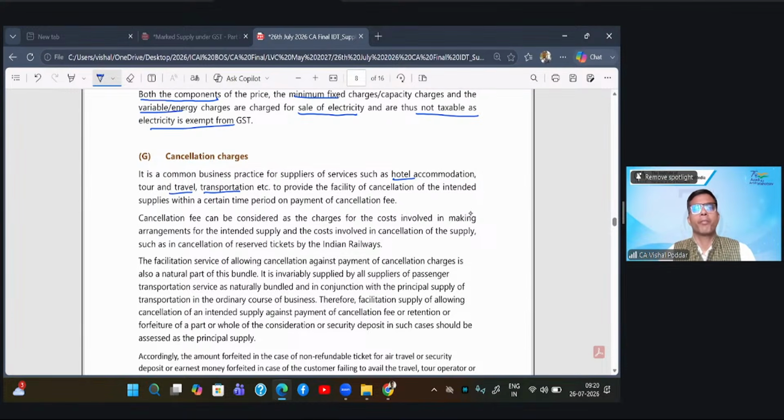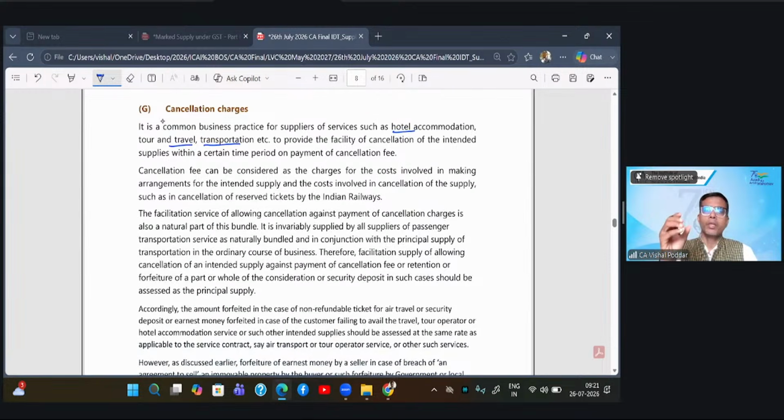Now the question is, when any facility you had booked, which you are going to avail on a particular date in future, but before availing the facility, you cancel it, and the agency or the supplier is retaining some amount and taking from you the charges for this cancellation, whether the cancellation is taxable or not.